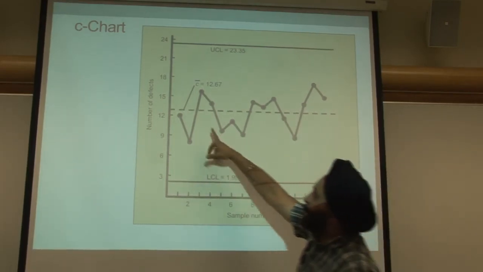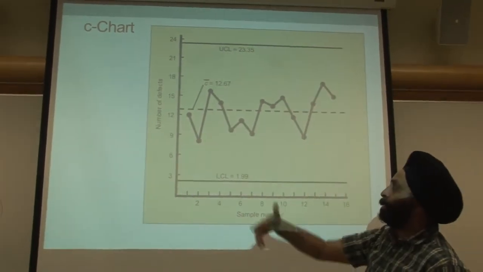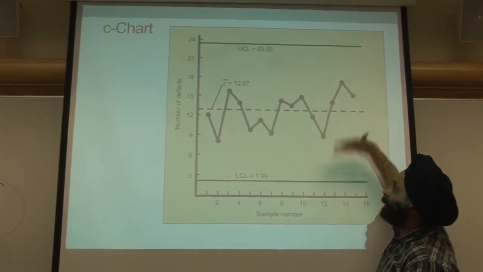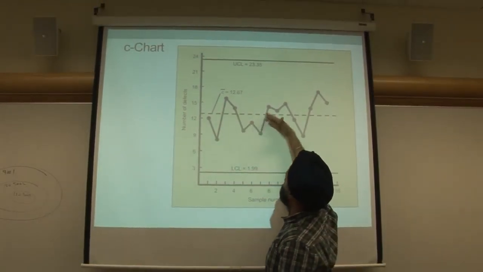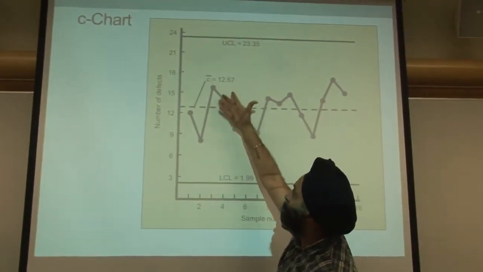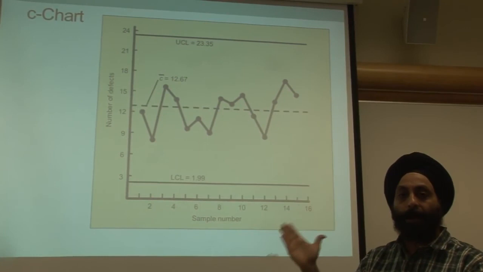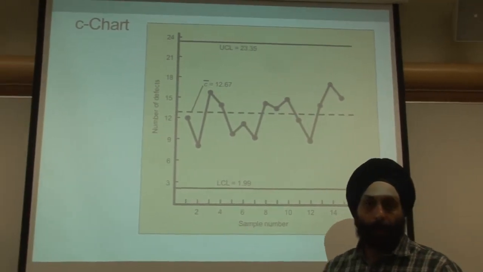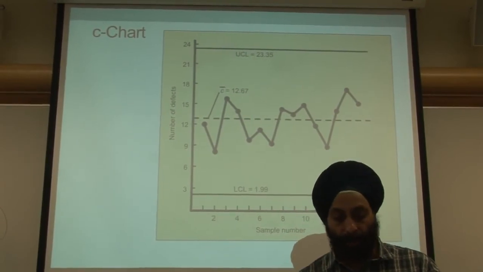So as you draw this chart, you can see the process is well within the upper and lower control limits, and its trend is pretty random. Some items are above and some are below. There's no significant identifiable pattern to it. So it can be considered as in a statistical state of control.